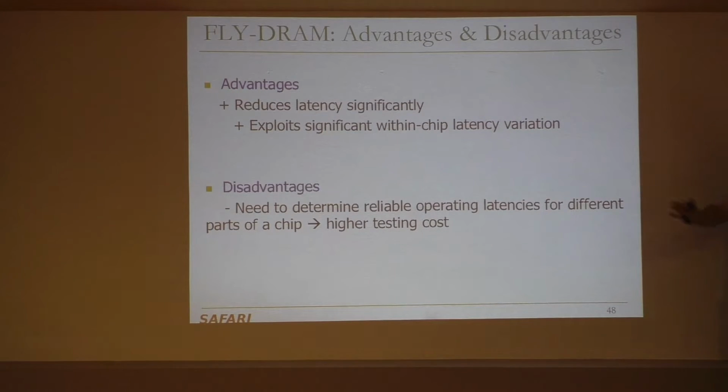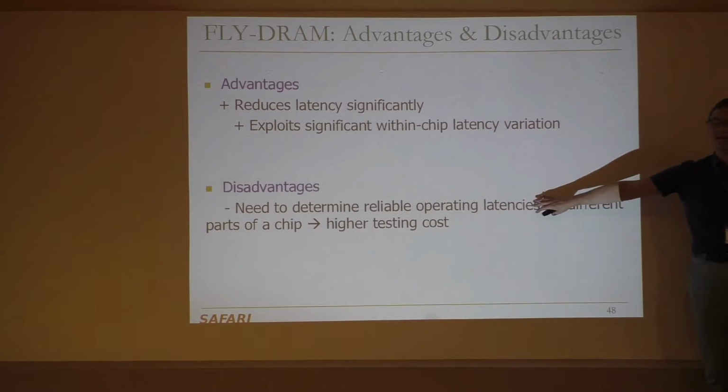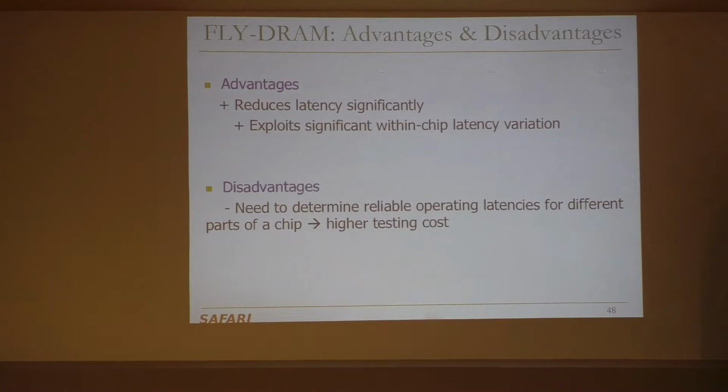And I think over time, you really need this profiling in the memory controller, because if you determine these latencies during manufacturing time, you have to put some margin. Even in our experiments, we put some margin, because you don't know what will happen 5 years down the road, right? There are aging effects that you cannot really take into account when you're profiling at that point in time. But if you're doing this profiling once in a while in the field, you're really taking into account all of those aging effects, so you can really adapt to what's happening in the environment and in the system and the workloads.